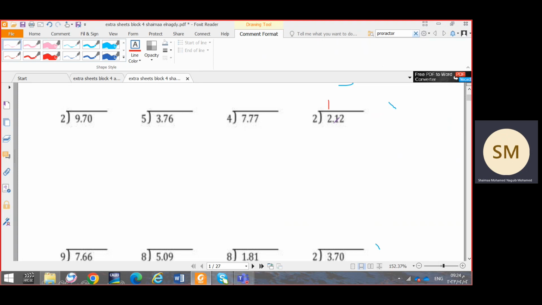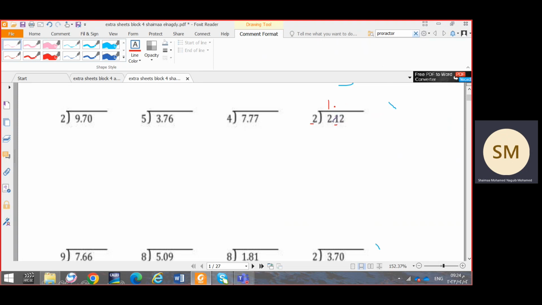I find there is a point. I will move it up here like this. Then I will tell myself, 1 divided by 2, or how many 2 in 1. It's not reasonable. The 1 is less than 2.